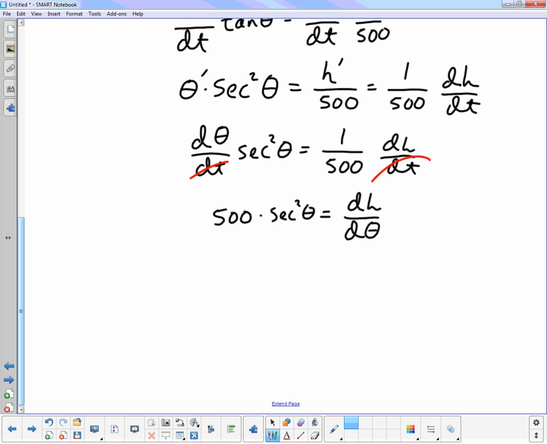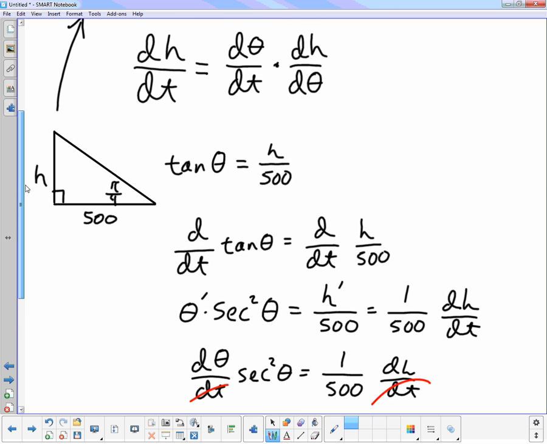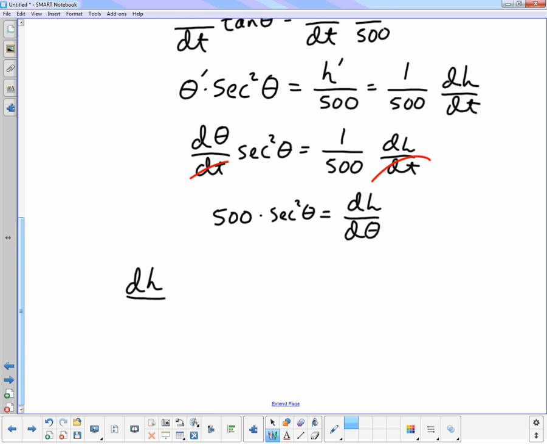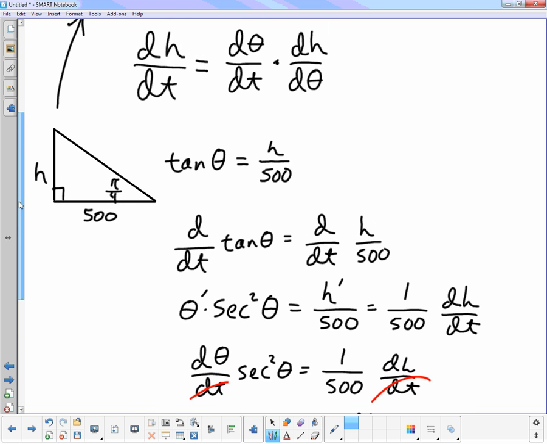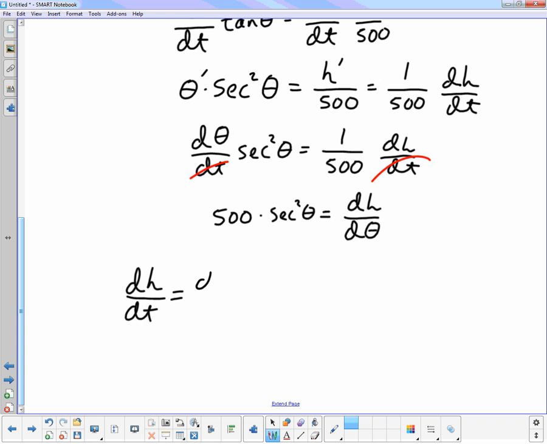So now I have what I'm looking for, and let's go back. So you're looking for dh/dt. We have d theta/dt, dh/dt, and we wanted dh/d theta.